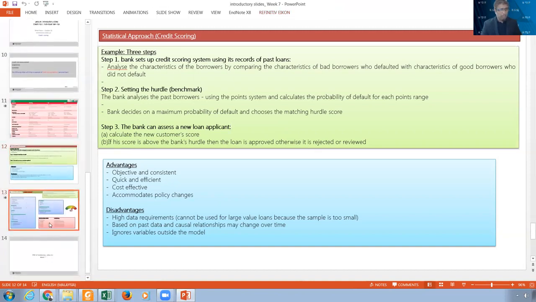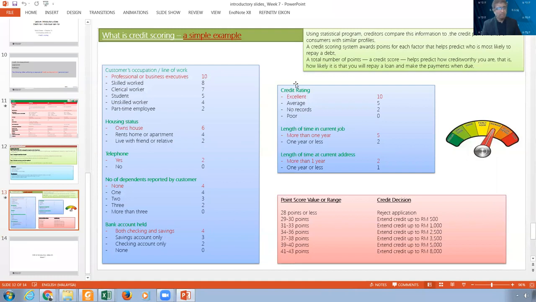So look, for example, this is just an old one, okay? If you take the characteristics, for example, you will take the profession, the housing status, maybe the number of communications and phones or whatever.